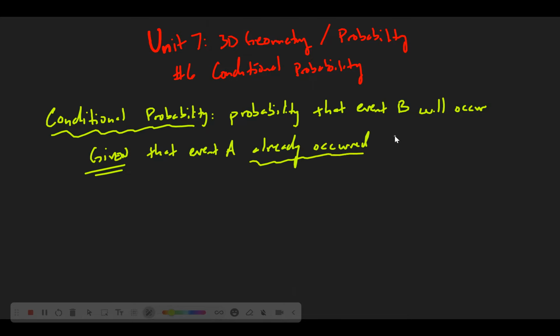So it's the probability of a second event happening given that the first event already happened, right?